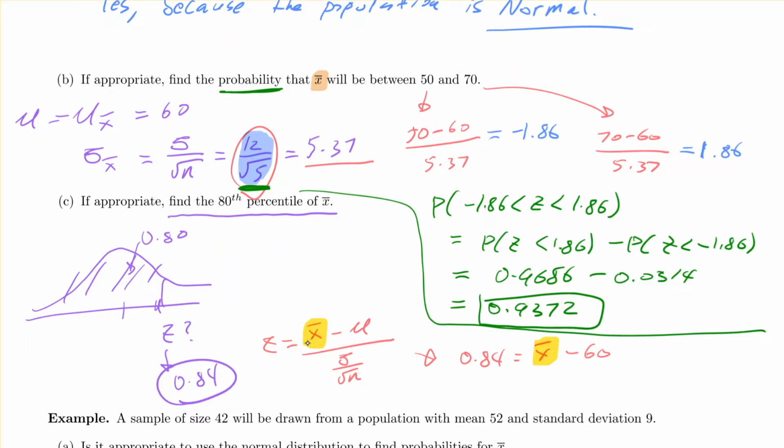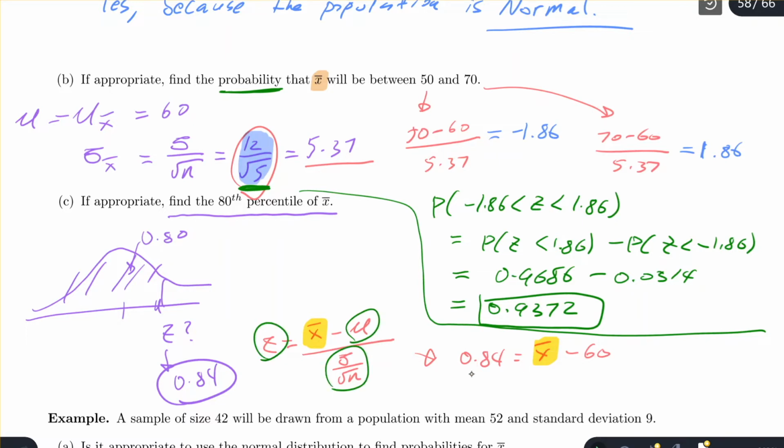So we're finding the X bar value from the z-score we got here. We know the formula is X bar minus mu divided by the new standard deviation formula. We know all these other values.